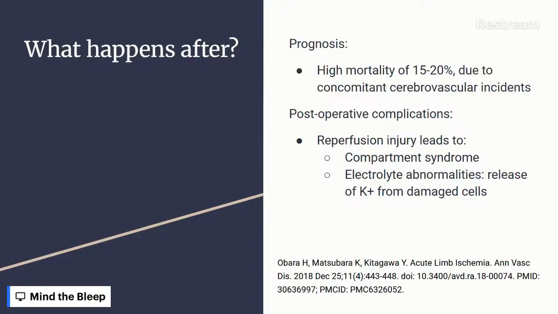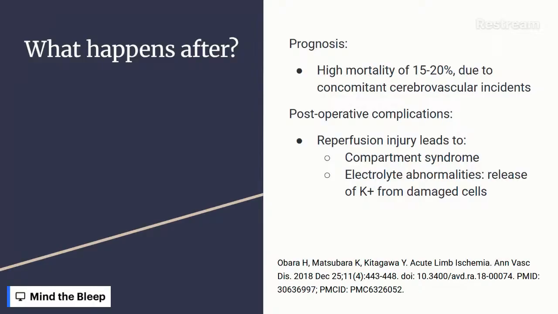So the prognosis of acute limb ischemia is not great. It's got a high mortality rate for various reasons. And then even in those who do have an intervention, you can get post-operative complications. So essentially you get a reperfusion injury because the blood supply has been cut off for a while.